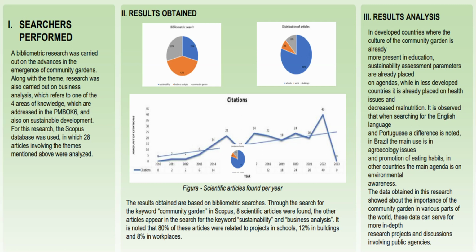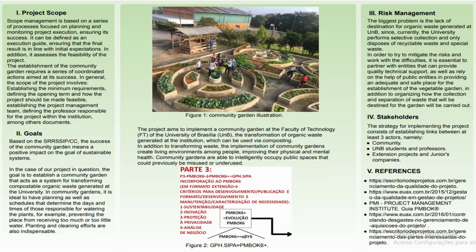So with the articles that we found, we developed all the tasks and the project and the theoretical referential of our project. So the results that we found is that there are lots more English articles than Portuguese. So we ended up using mostly English articles in developing our research.